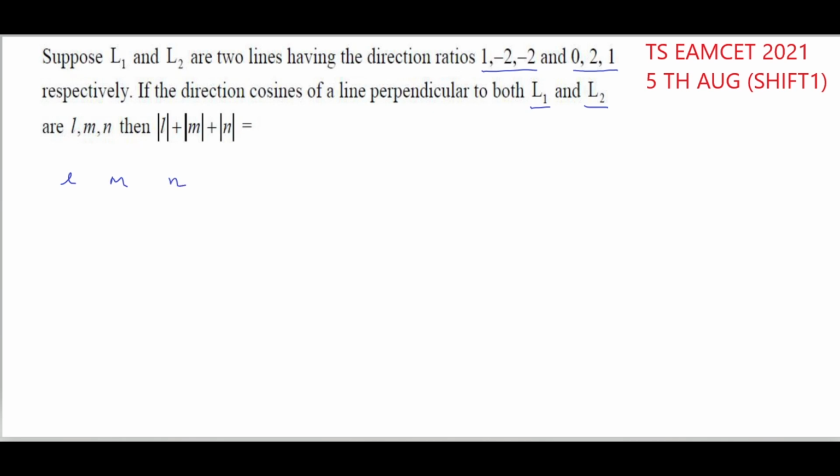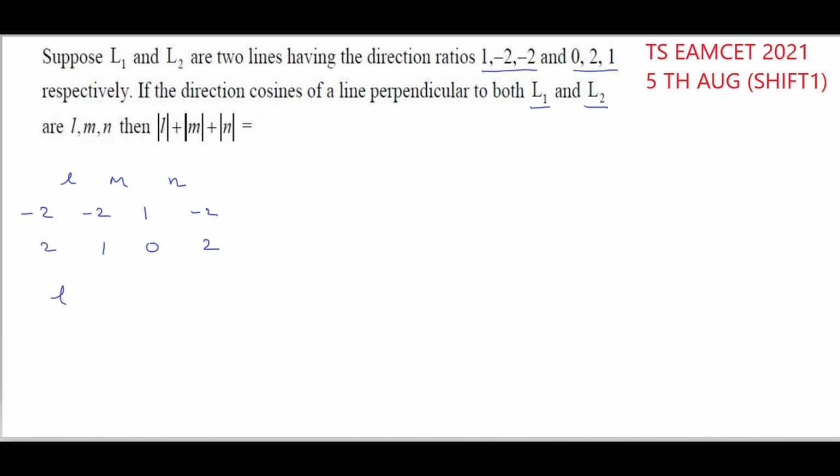So direction ratios of first line is given, that is 1, minus 2, minus 2. Write down this as minus 2, minus 2, 1, minus 2. And direction ratios of second line is given 0, 2, 1, that is 2, 1, 0, 2.